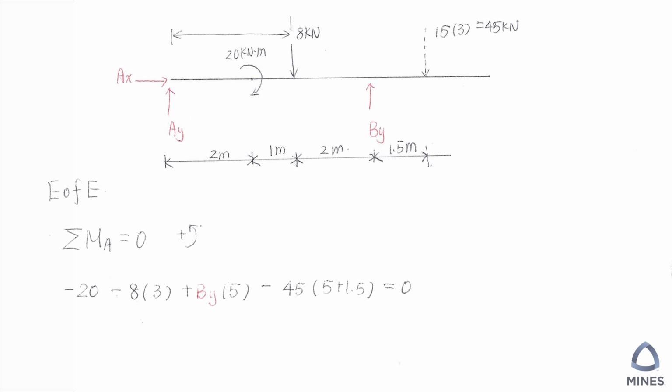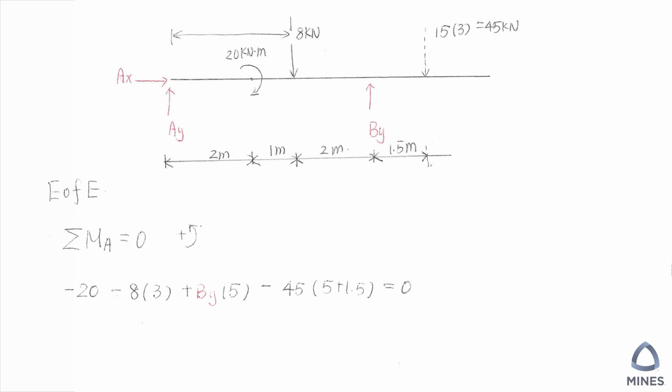And then for the 8 kilonewton here, it creates a clockwise moment, so we put a negative sign. It is force times distance. The distance from the 8 kilonewton to point A will be 3 meters.